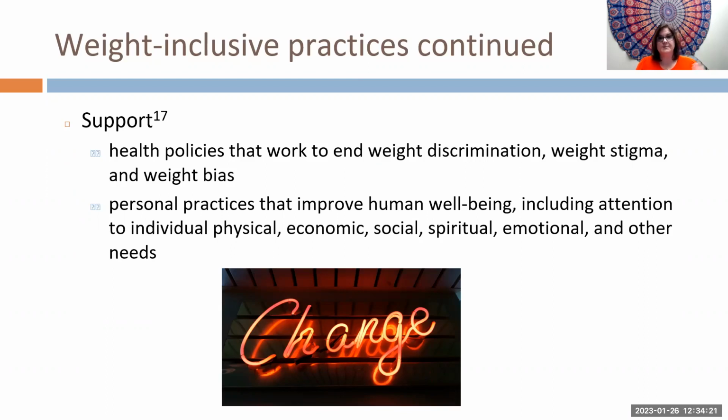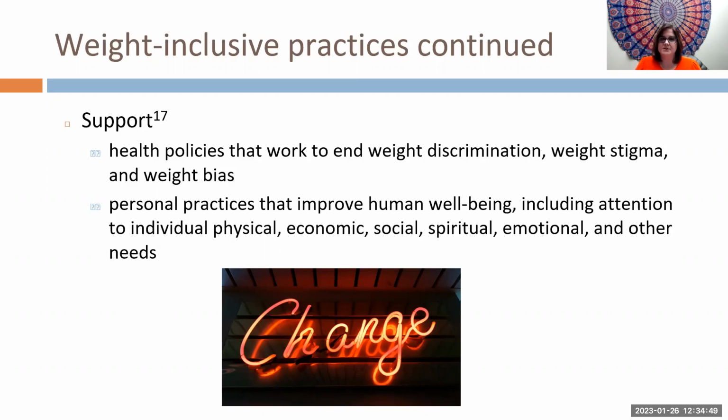And certainly if you're in a position of power within your organization, you can think about some of those things that we've talked about today, like the office environment, making sure there's chairs that accommodate everyone, thinking about the imaging that's in waiting rooms and offices, and thinking about how to make your space a more inclusive space. And also maybe thinking about language that's used, and how there may be weight stigmatizing language that's being used, and how might you change that.